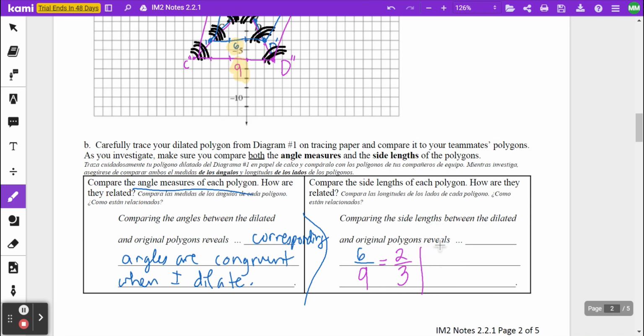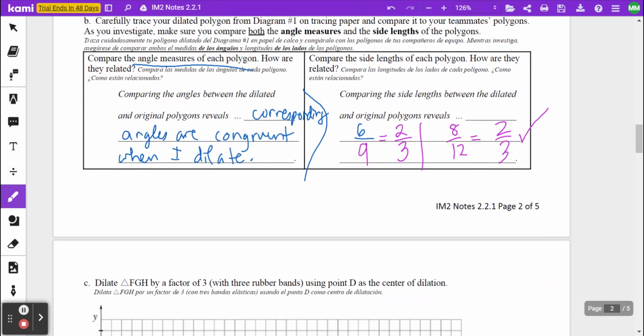Okay. And then the other one was 8 and 12. So is 8 over 12 also 2/3? It is. So I noticed that they have proportional corresponding sides, meaning they have a common scale factor.